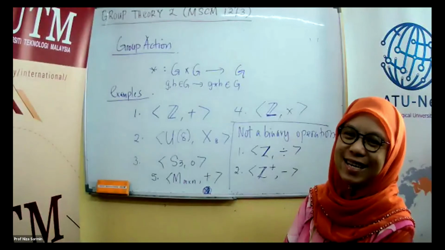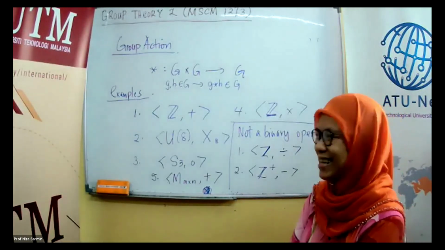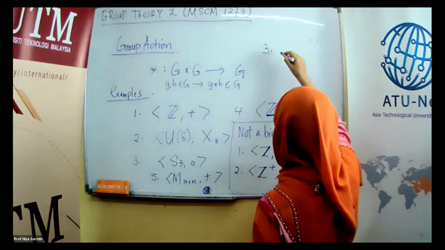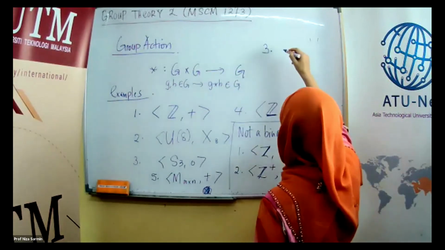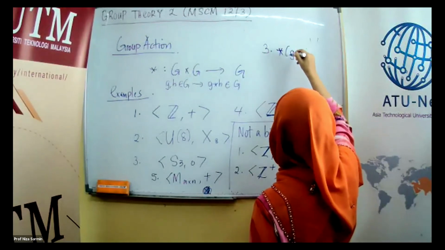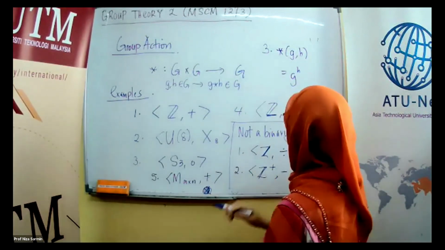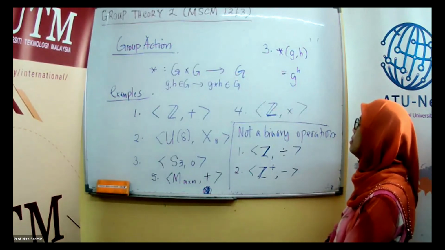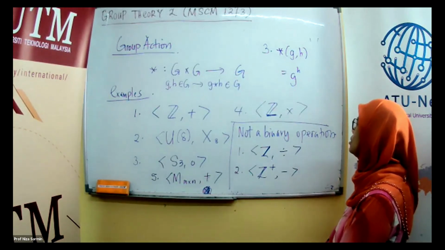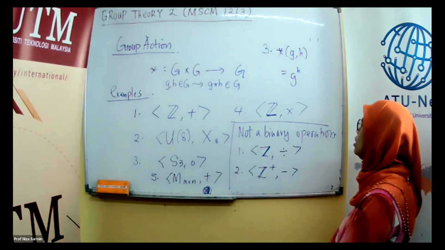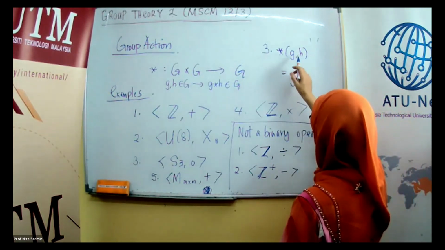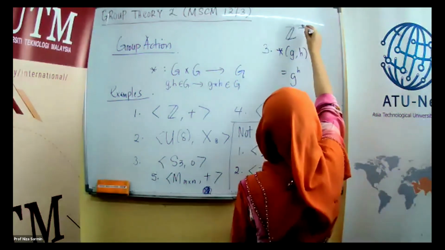Prof, can I give a group? Group is already a binary is closed. Let me see. You can define like this also, Ayn. Like this. Okay, it's a power. This is okay for positive integers.